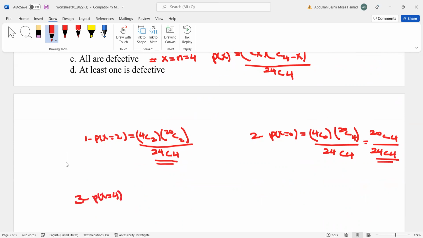Instead of X, we write 4. So we have 4 C 4 multiplied by 20 C 0 over 24 C 4. 4 C 4 is 1, 20 C 0 is 1, so this is 1 over 24 C 4.